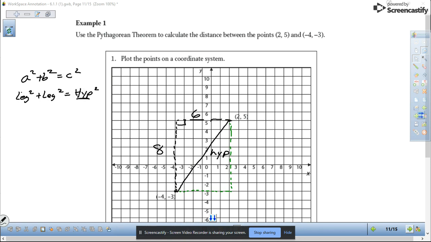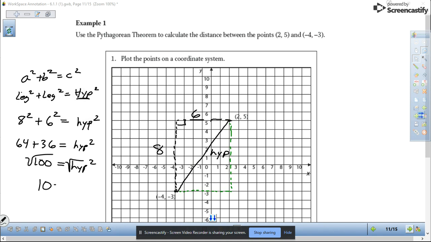So what we have is 8 squared plus 6 squared equals hypotenuse squared. That's 64 plus 36 equals hypotenuse squared. So that's 100. To undo a square, you take the square root of both sides, and that would be 10.